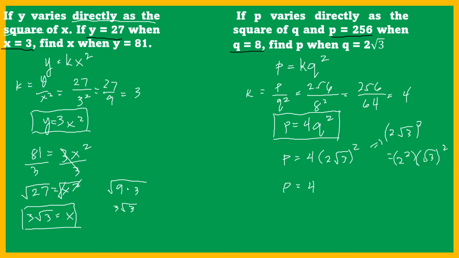So, makakancel yung square root ng 3 and then cancel yung squared. And then, ito naman is 2 squared is equal to 4 times 3 is 12. Now, yun yung ilalagay natin dito. So, that means 4 times 12. And P will be 48. And that is the direct square variation. Thank you.